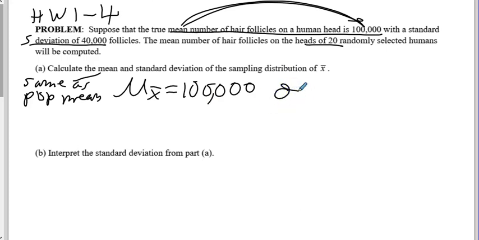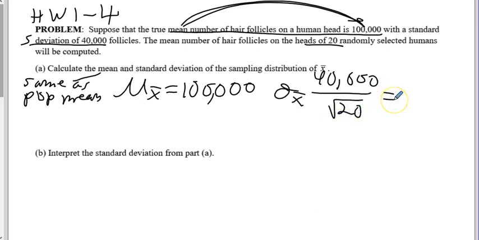Okay. So, curly Q of x bar, that is the actual math name for it, is, remember, the standard deviation, which is what? 40 grand, 40,000, divided by the square root of the number in the sample. How many are in the sample? 20. Good. So we're just going to calculate that on our calculators.